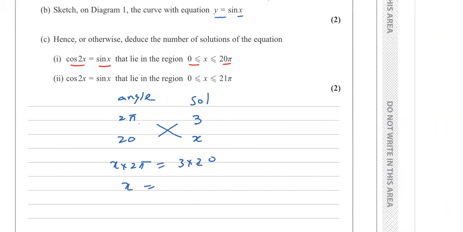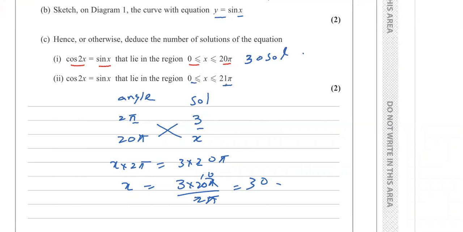Sorry, for 2 pi there are 3 solutions, so for 20 pi, how many solutions will there be? That will be 3 into 20 pi over 2 pi. That will give me 30. So there are 30 solutions. It means 30 possible solutions.